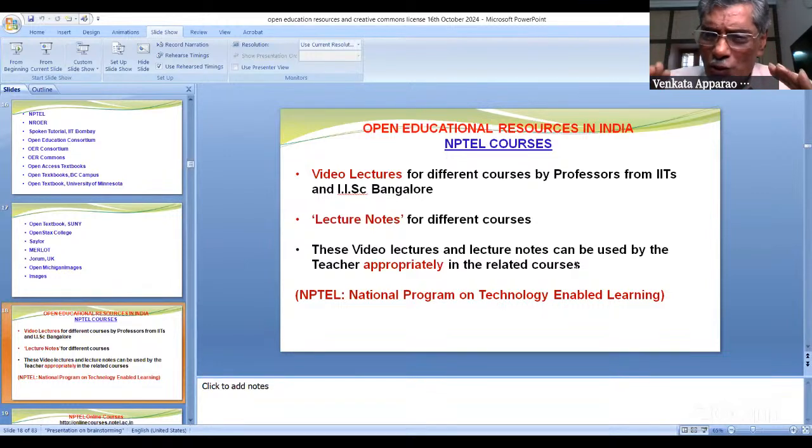Then lecture notes for different courses. I have used the lecture notes of this NPTEL program prepared by Professor Natarajan of IISc Bangalore for the topic corrosion science. I've used it for my students in the 4th year BTech engineering.